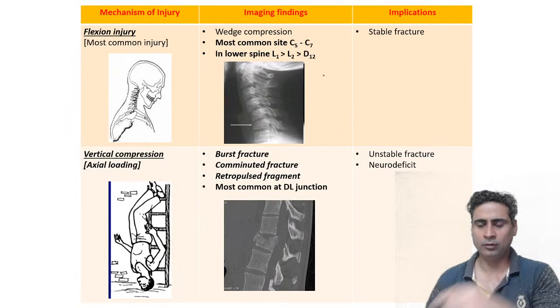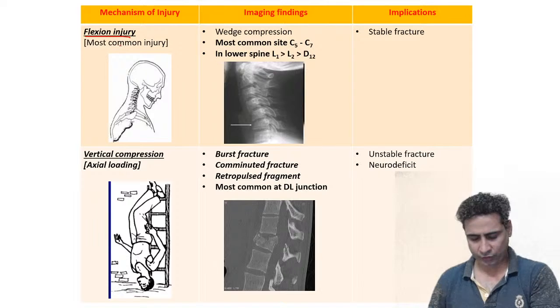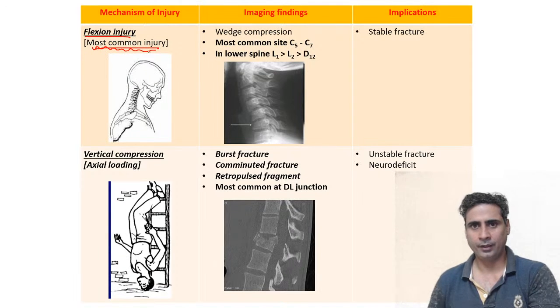Okay, so the mechanisms of injury: flexion injury, where there is sudden flexion of the spine, is the most common type of injury, and the most common area in flexion injury is the cervical spine, particularly the lower cervical spine, C5 to C7. Sudden flexion will lead to compression of the anterior half of the vertebra.